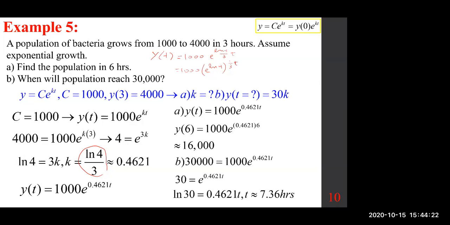So when I do that, notice what happens. 1,000 times 4 to the power of t over 3. This is another way. You can try this, and you see that one gives you the same answer. I just wanted you to remember some of the stuff we did in algebra, okay? All right, perfect.